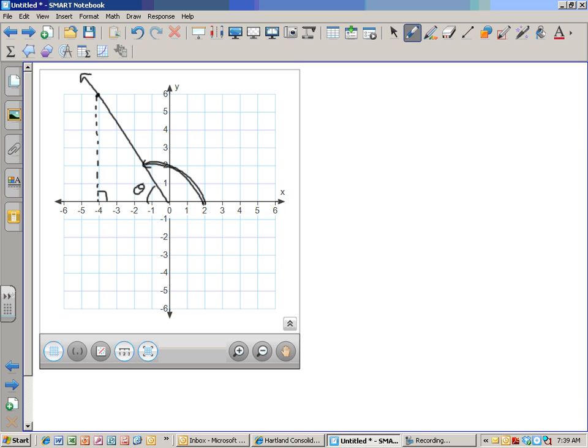There's our right triangle. And we have a point up here of negative 4 and 6. The height there is 6, and the distance of the base of this triangle, I know it's 4 for the distance, but we're going to write negative 4 because I need that value.